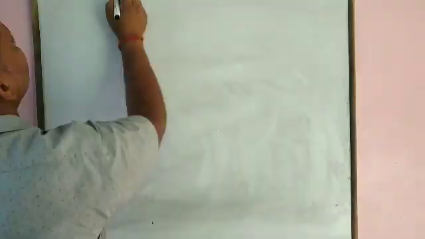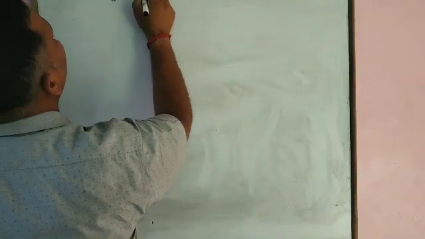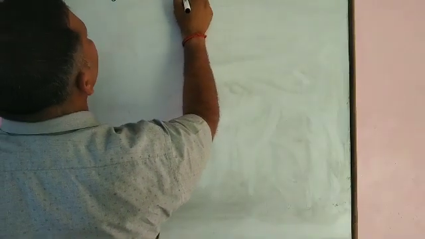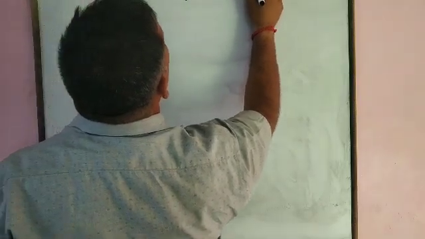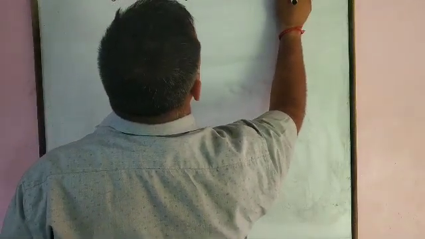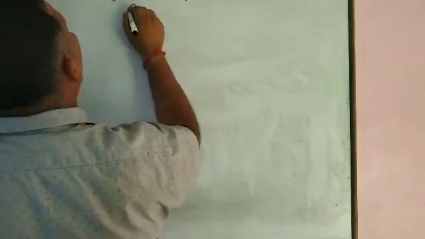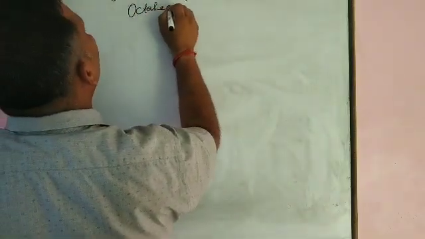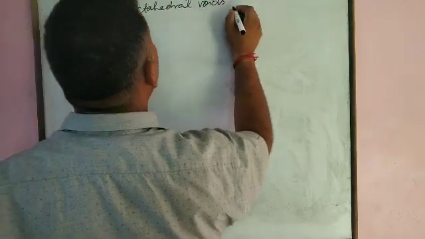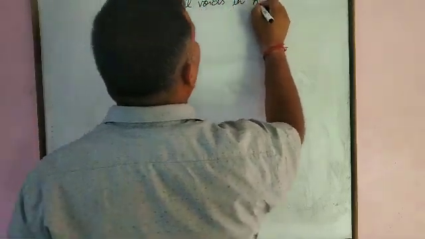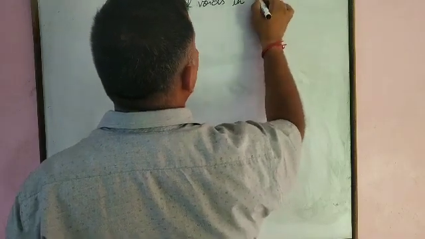Let us discuss the location of tetrahedral voids and octahedral voids in FCC.